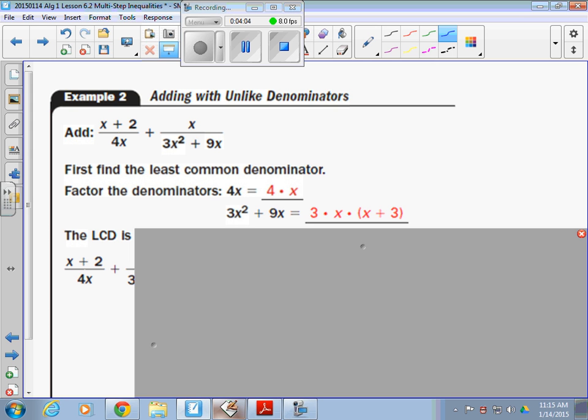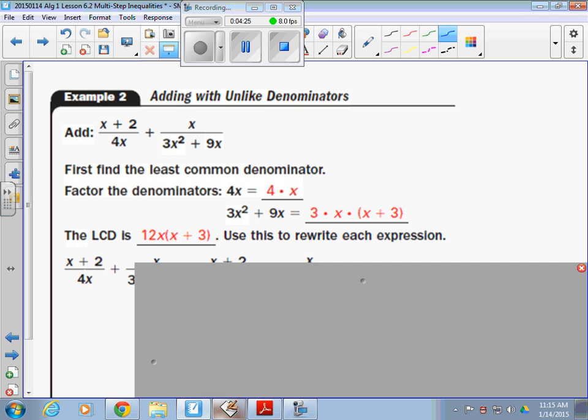Now, your least common denominator, just like when we did it in the bell work, when we had numbers like 2 and 3, we were trying to add in denominators. We made both of them into the number 6. Your least common denominator must have enough to represent both denominators together. Now, what that means is the least common denominator includes the binomial x plus 3.